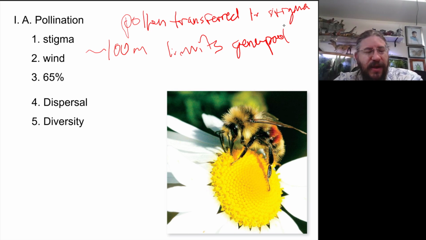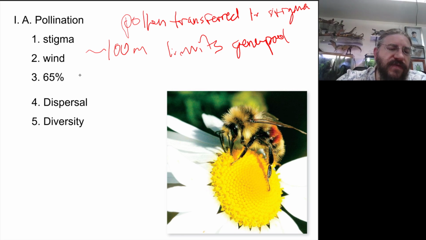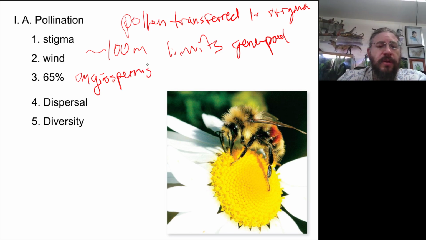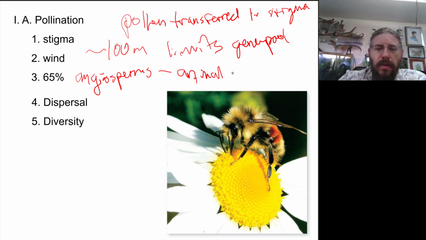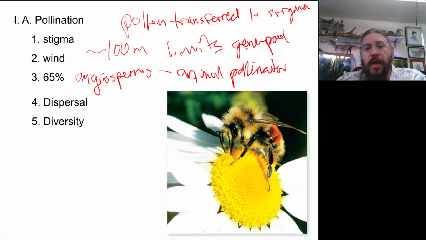So, instead, through the magic of coevolution, 65% of angiosperms have an animal pollinator. Again, this is because of coevolution.